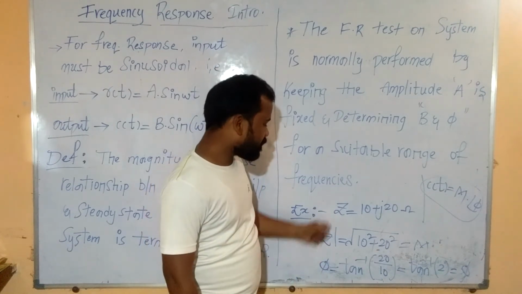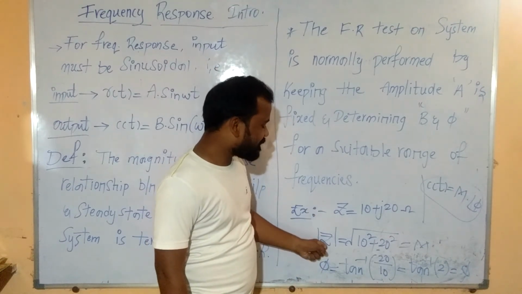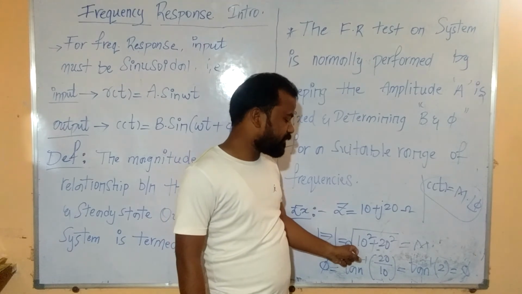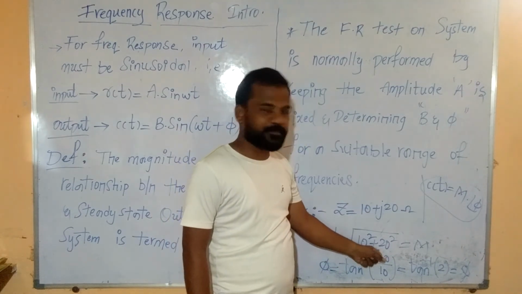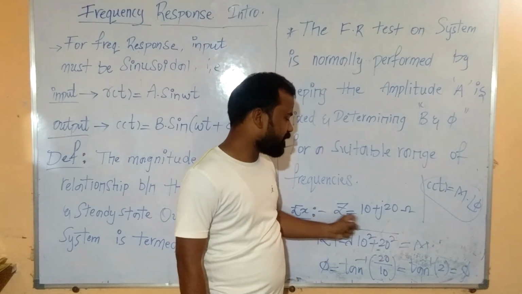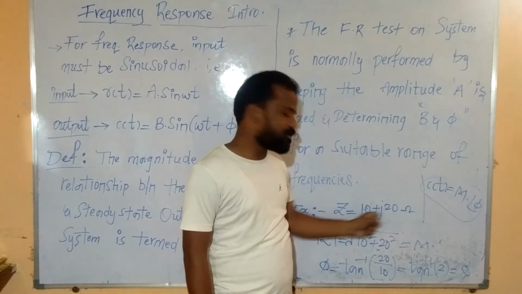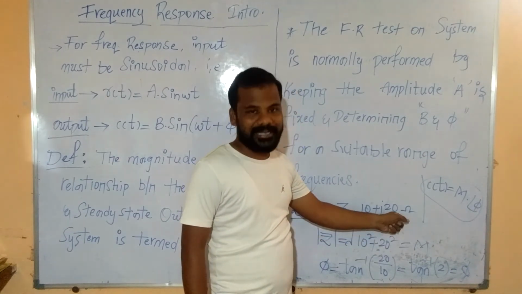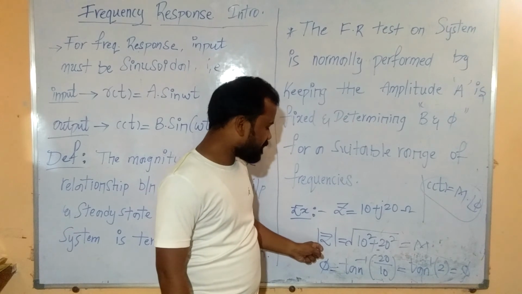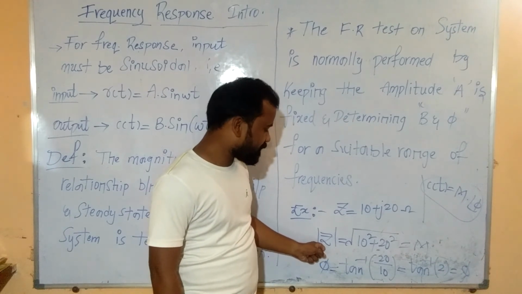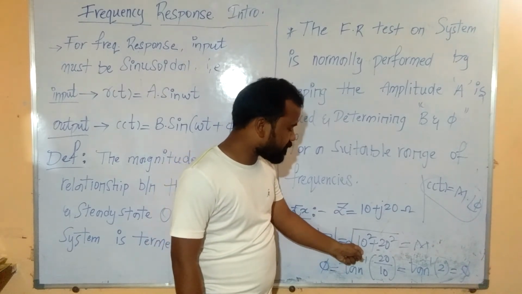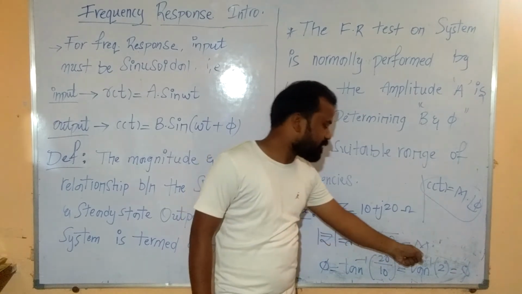To calculate the magnitude, mod z is equal to root of 10 square plus 20 square, since z is equal to r plus j into x. By solving this, you will get the magnitude.